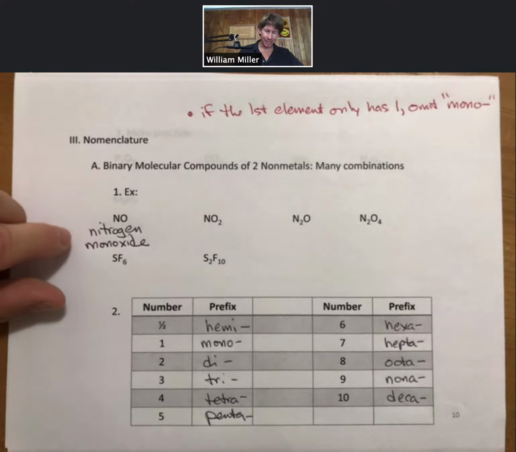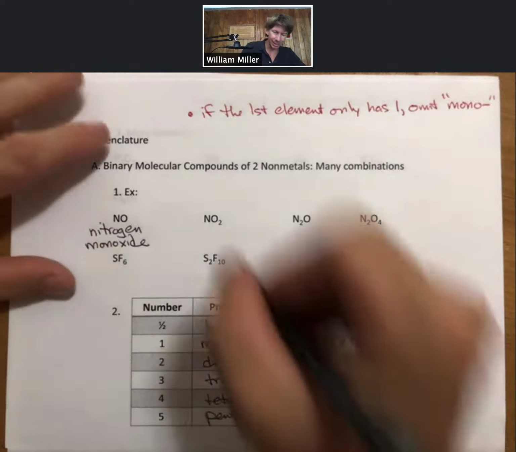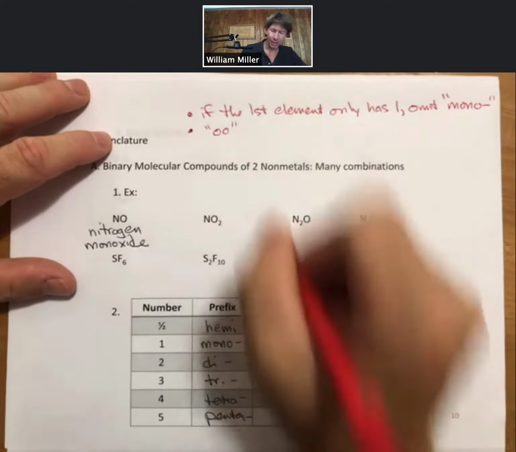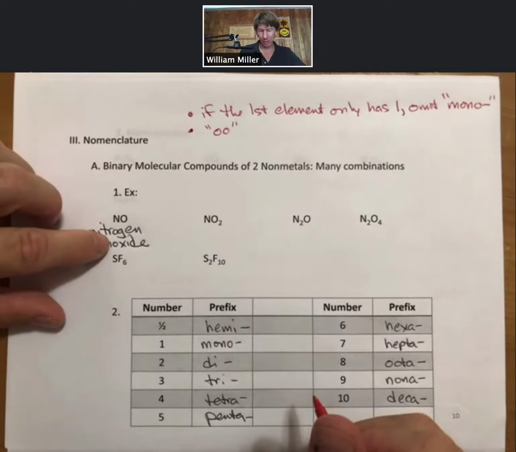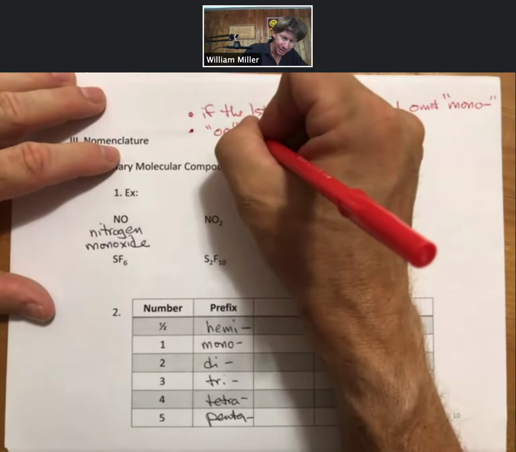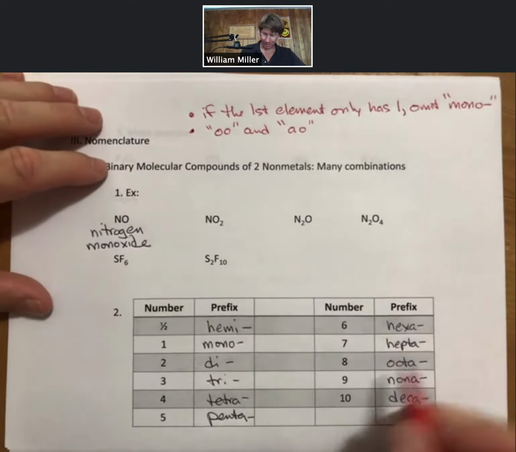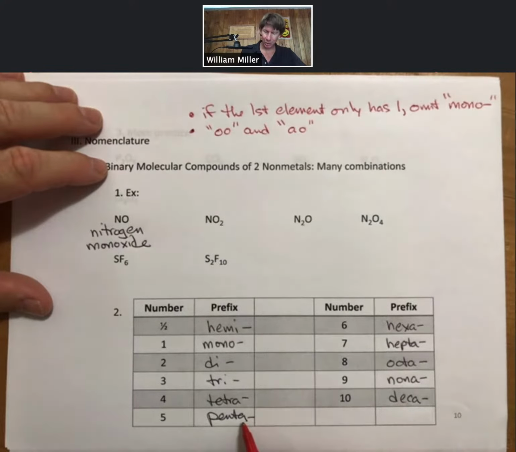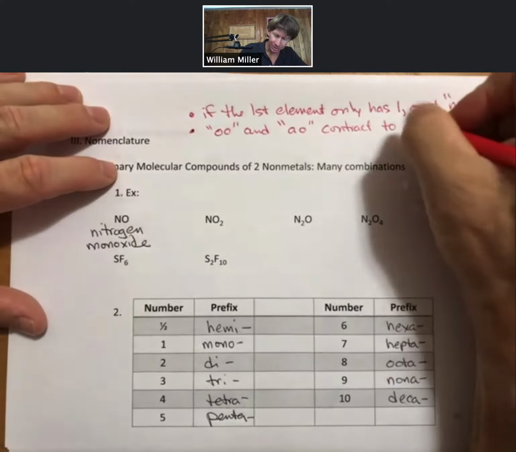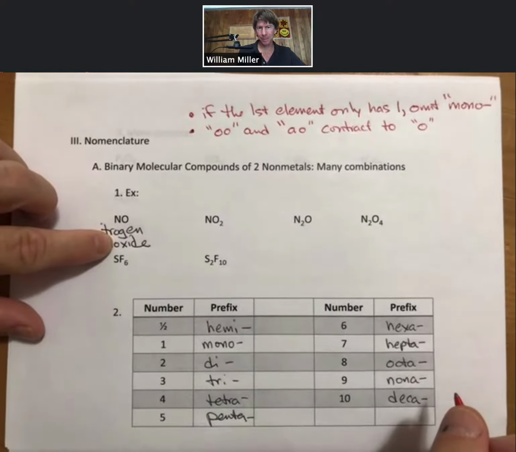Okay, then the other thing is, typically when you have a mono and an oxide, OO, which would be for mono and oxide, contracts to just O. And the other one you'll see is AO, as if we had pentaoxide. So both of these contract to just O. So that's why there's only one O here.